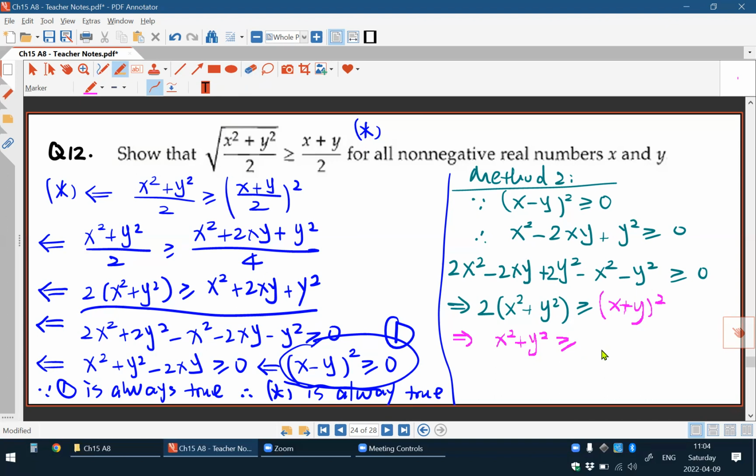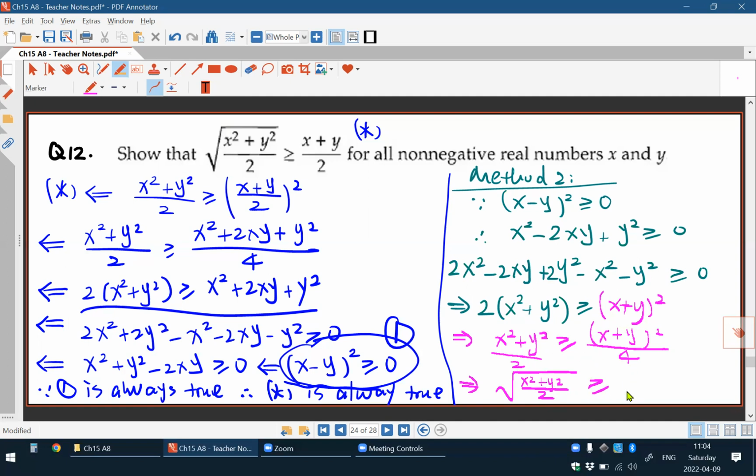Let's say I divide both sides by 4, and this will give you, because both of the two sides are non-negative, right? So then you can find the square root.